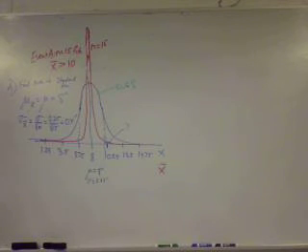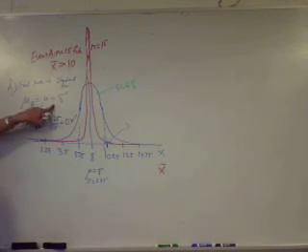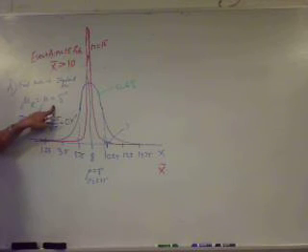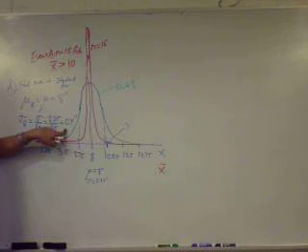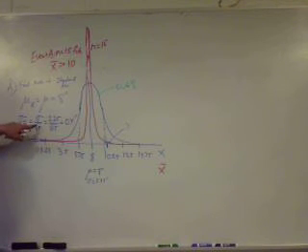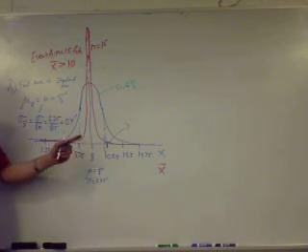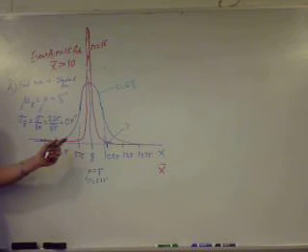So here's what you need to know for the midterm. The mean stays the same when you go to a sample, but the standard deviation shrinks according to the formula sigma over the square root of n. Just like this picture shows.